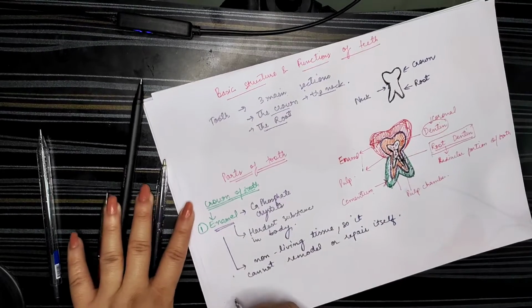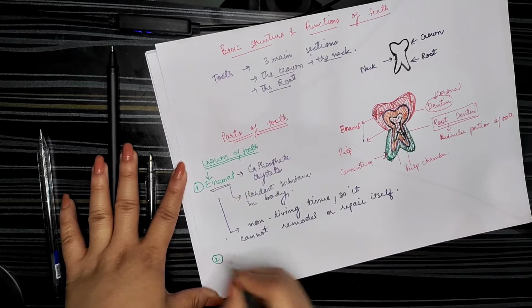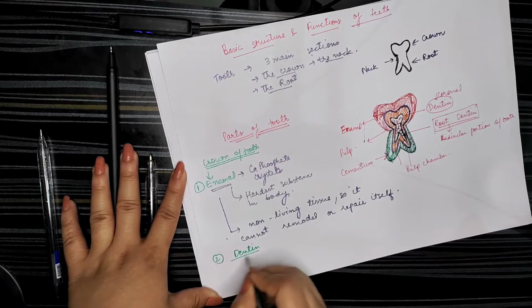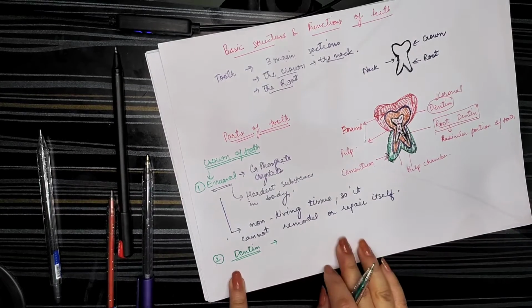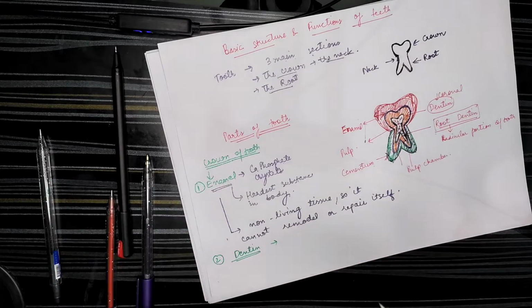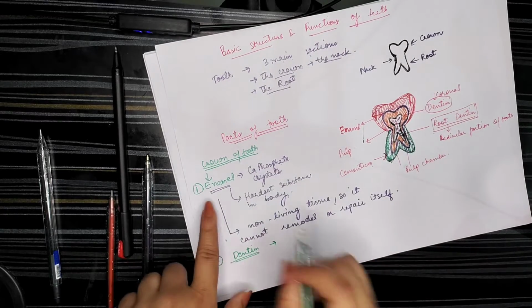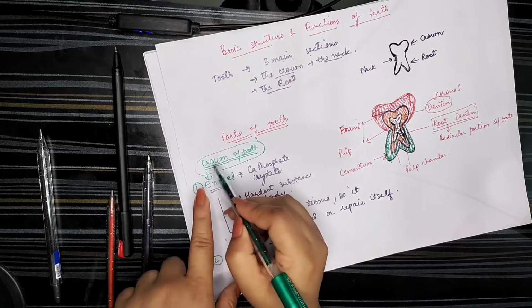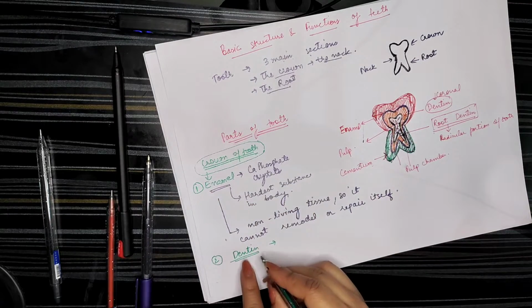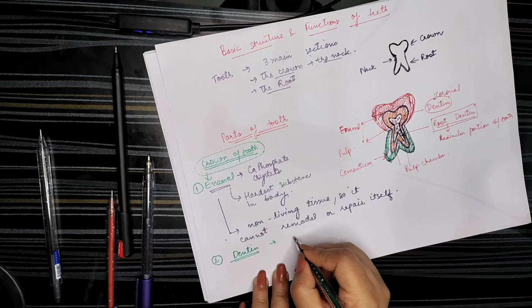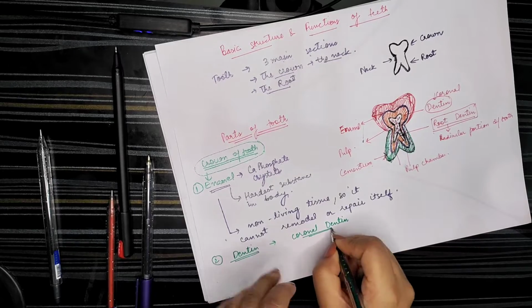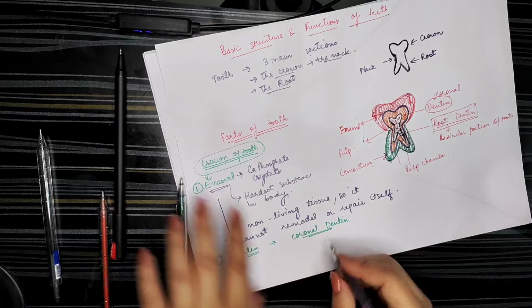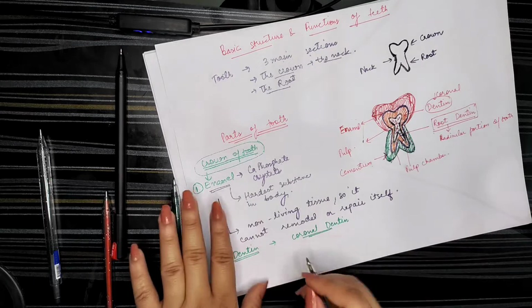Now comes dentin. As I said earlier, dentin also comes in the root portion and also in the crown portion. So, coronal dentin, as we are studying here the coronal parts of tooth, so the dentin here is the coronal dentin, and this dentin is also a harder substance than bone.